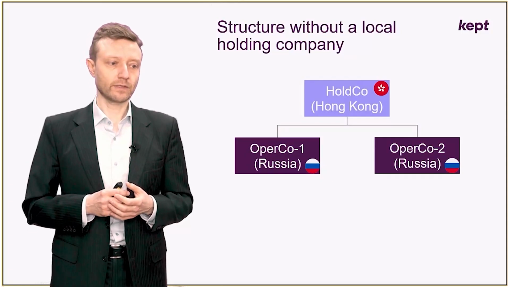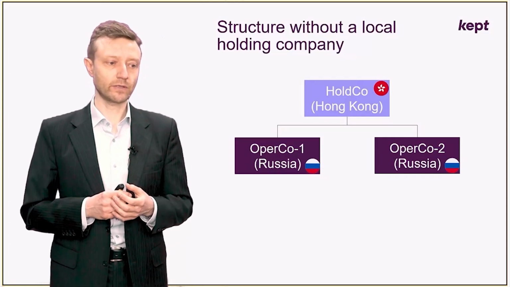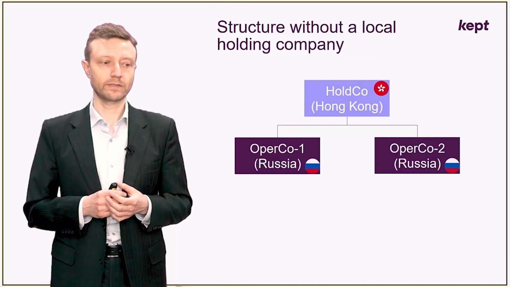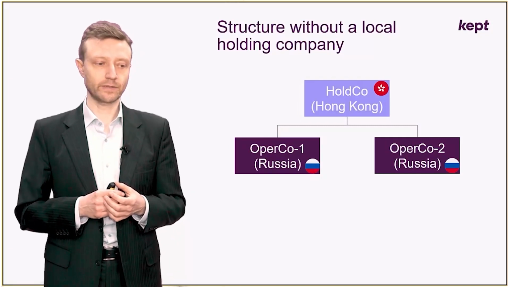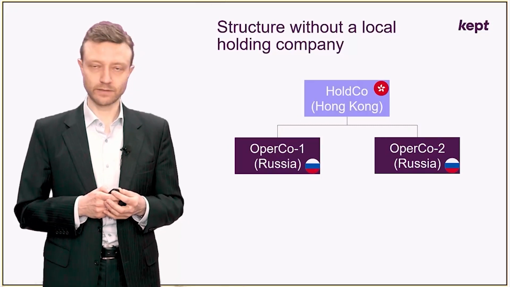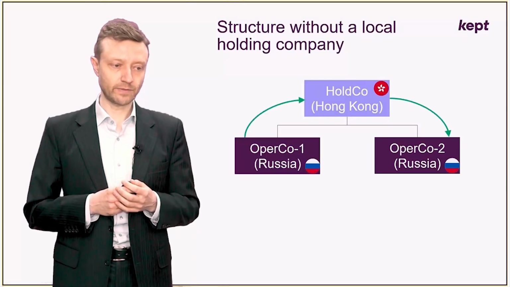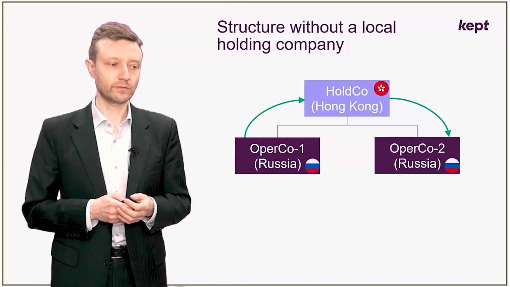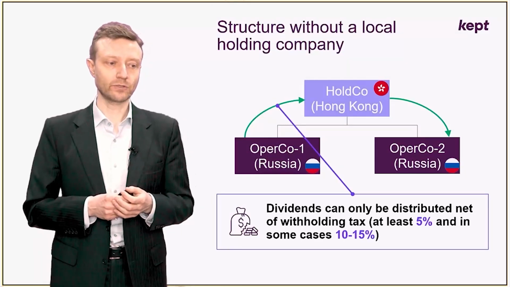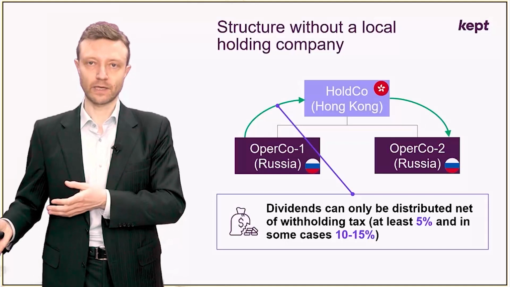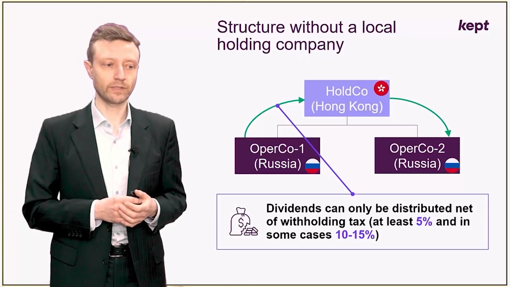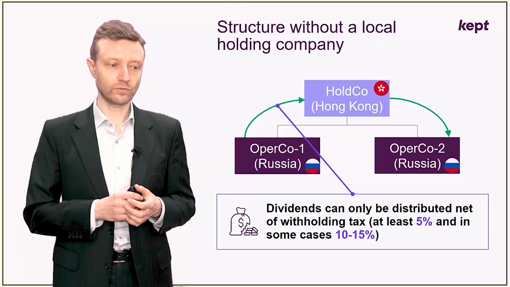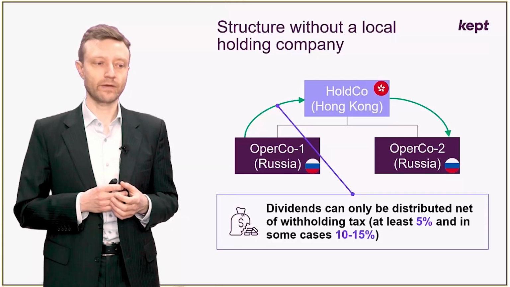So on this slide, you can see that there is a holding company in Hong Kong that owns 2 operating subsidiaries in Russia. Hopefully the subsidiaries are profitable, at least one of them, which then distribute dividends to the holding company, which can be either distributed to the company's shareholders or reinvested in another operating company.